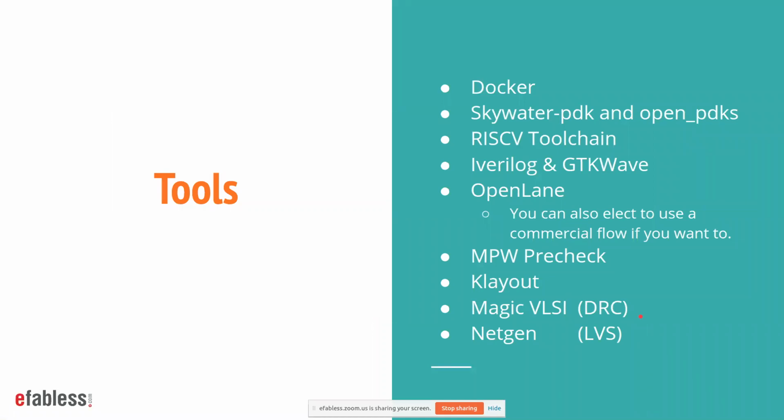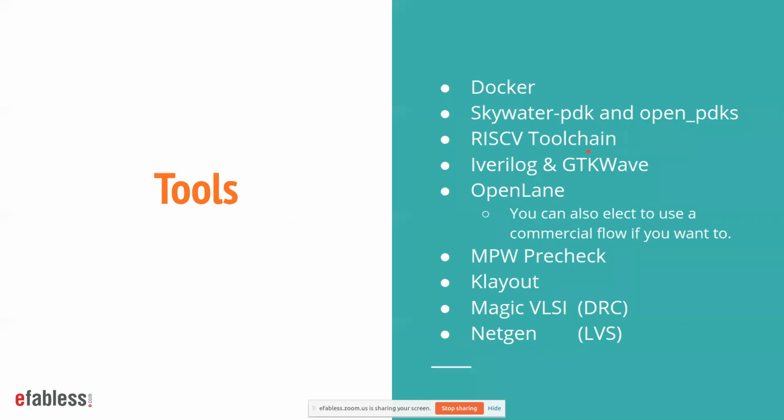So these are the set of tools that you will need to jumpstart your design. The first one is a prerequisite, which is Docker. So most of the open source tools that we work with are installed using Docker. So you will need to make sure that you have Docker in your environment. The second is the Skywater PDK. And the top-level makefile in Caravel and Caravel user project provides the makefile target for installing the Skywater PDK using the Open PDKs.